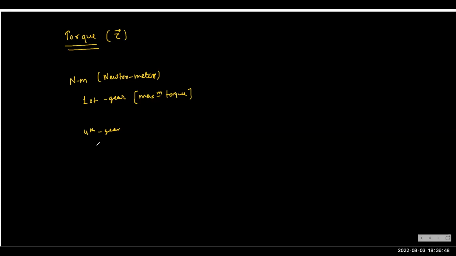But any high-end car will have a 5th gear, and nowadays a 6th gear is also very common. So let's say I go up to 4th gear. As you increase the gear number in a car, it goes to a lower torque value.